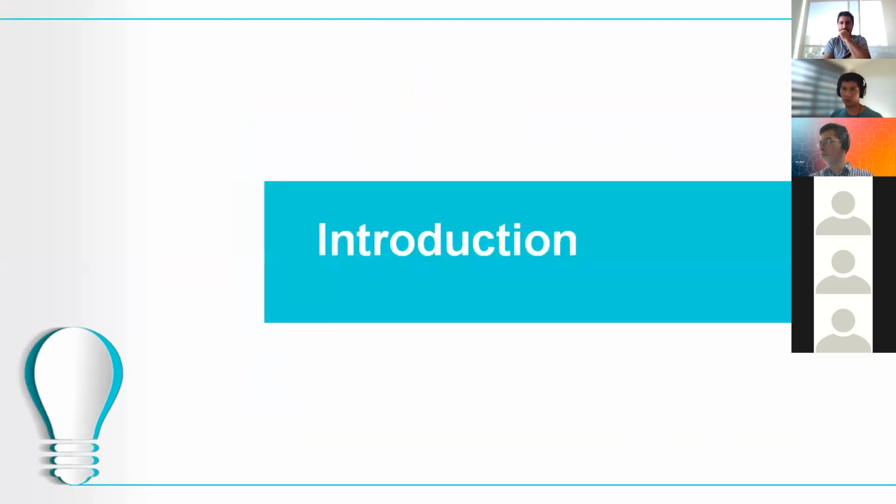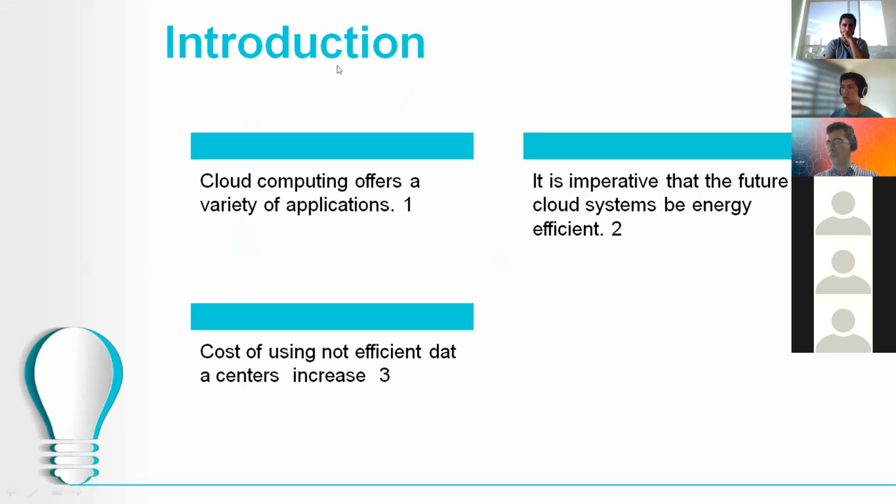Okay, so let's start with the introduction. As I said before, cloud computing offers a variety of applications. As we already know, there's a lot of data that needs to be stored and managed. So for the future, it's really imperative that cloud systems be energy efficient, because the cost will increase if the data centers are not sustainable enough.